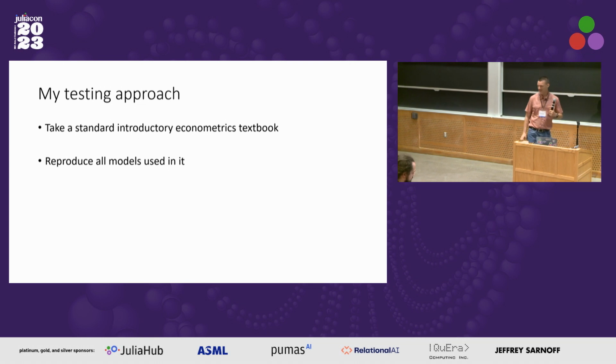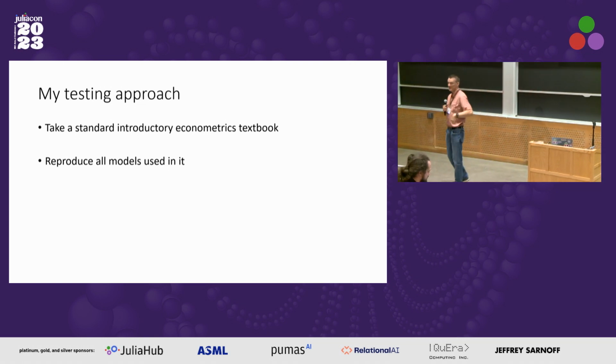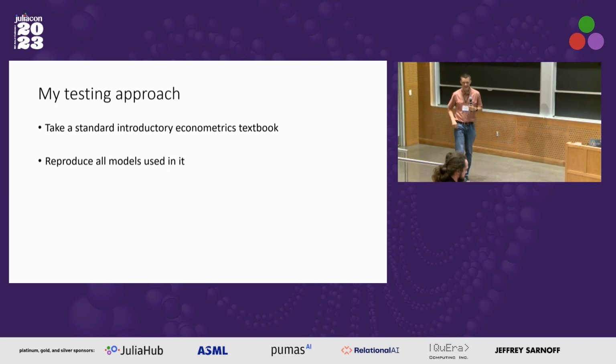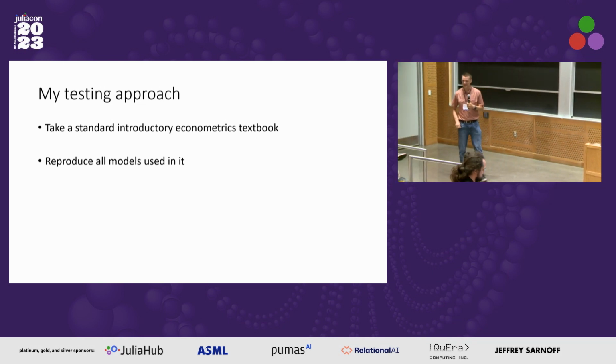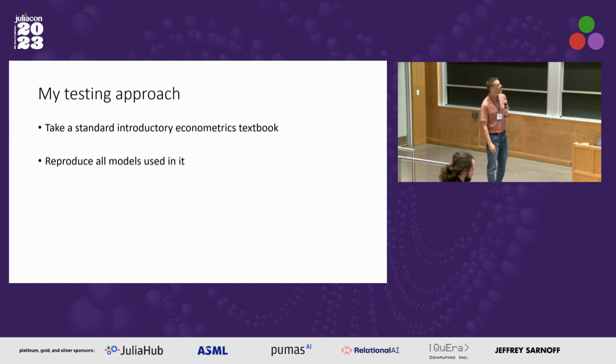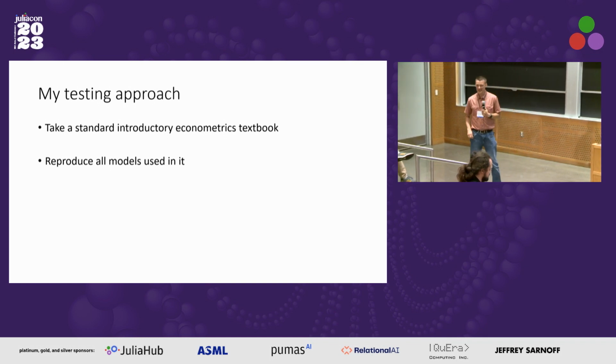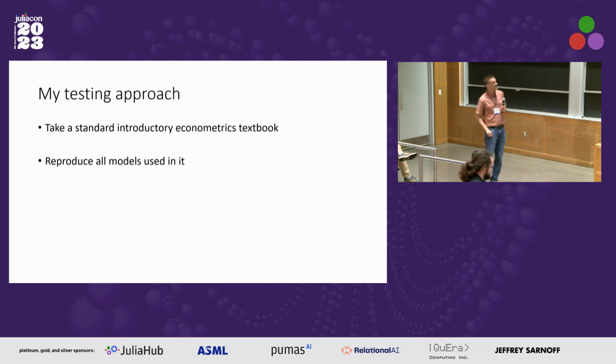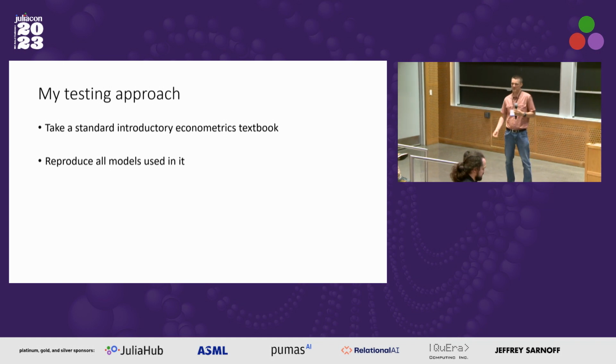So I thought that in order to answer this question, it's good to take a process-oriented approach, so that it's not just my opinion, but I check it on something that is real. So I said, okay, let's pick some standard introductory econometrics textbooks and just reproduce it. Can we do everything in this book? If we can, then we say, well, we are ready. If not, then we will know what we are missing.